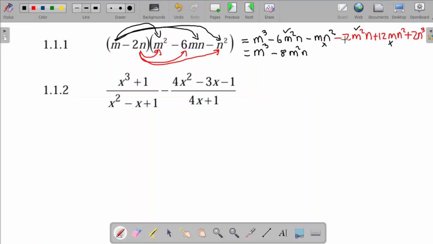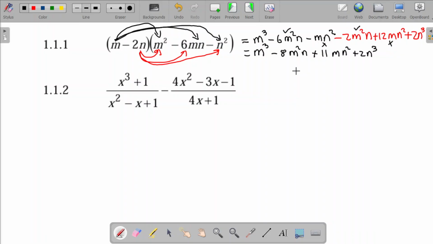And then this one and this one is going to give us minus 11mn squared, not minus, plus, and then plus 2n cubed. That's what is basically going to happen there. And then there's the first one, 1.1.1.